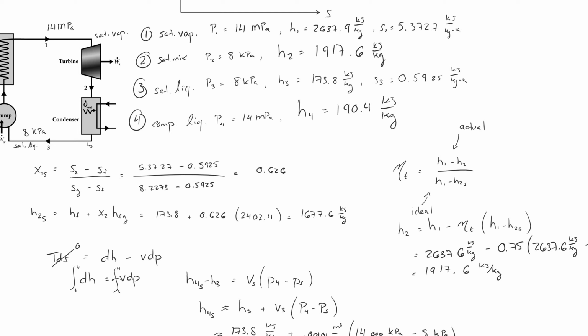So the enthalpies that I would use to find turbine work or pump work or heat input, all of those are now these. Okay, once we've defined all the enthalpies at all of our states, we can ignore the ideal states, in this case state 2S and state 4S.